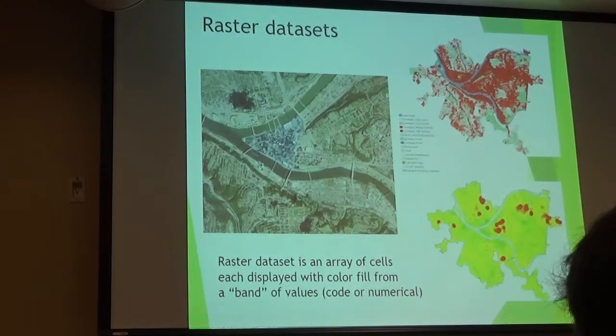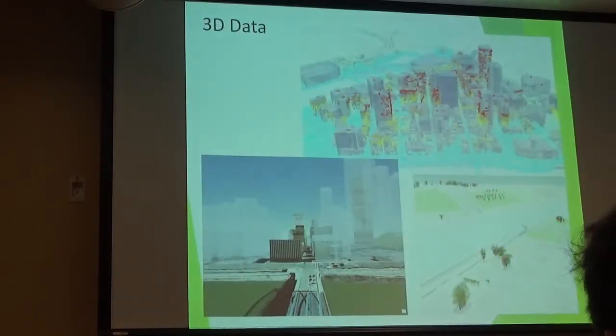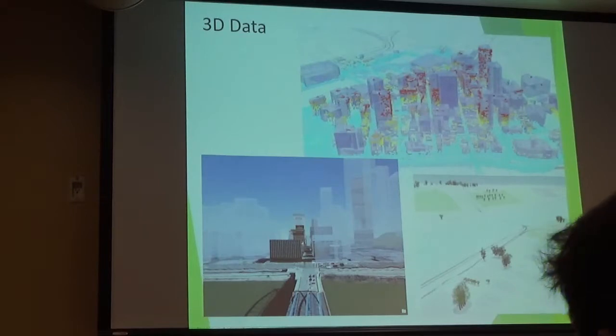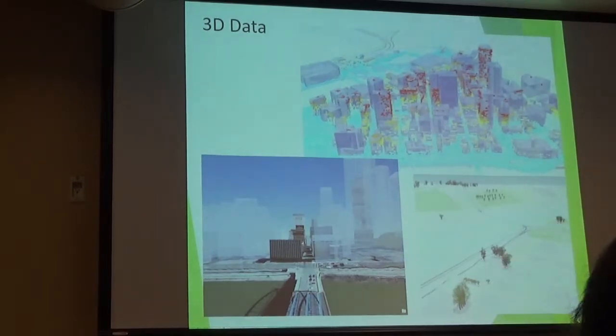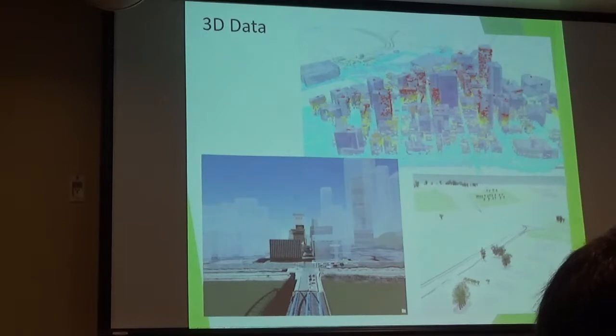Lessons learned. Two major data types are vector data, as in point, line, and polygon, and raster data, like a black and white image, being symbolized through the value in each of those cells at the location. Then what's new, or a new-ish format, is what we consider 3D data, where you have here a see-through transparent model of buildings that are not necessarily the focus, but give you context.